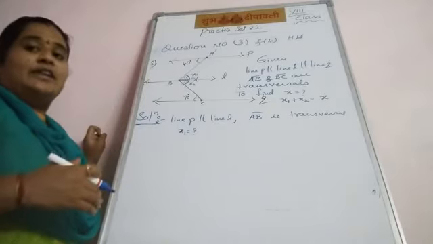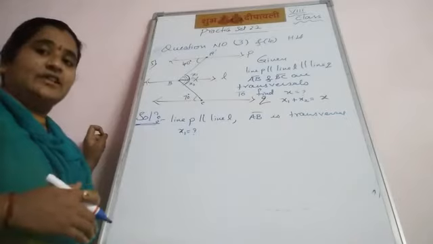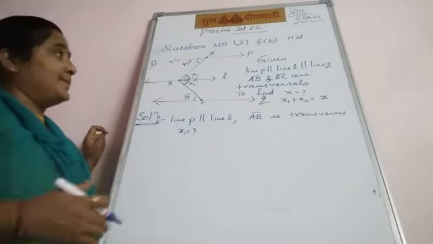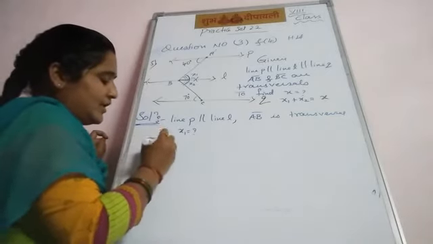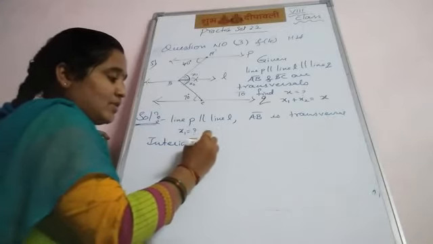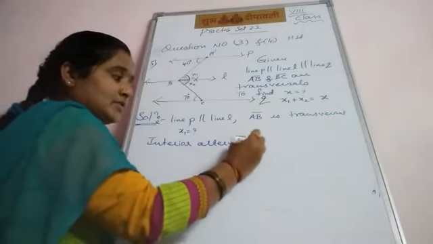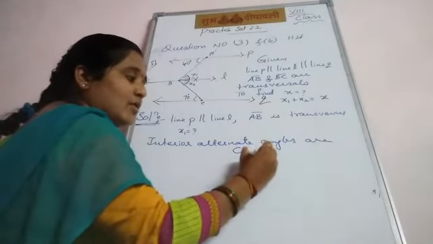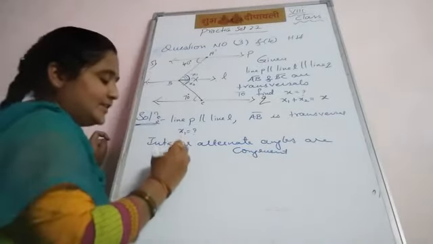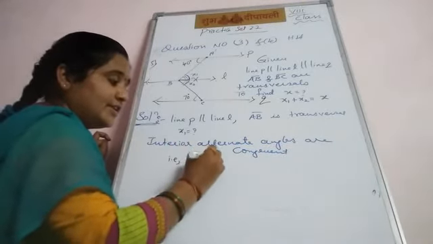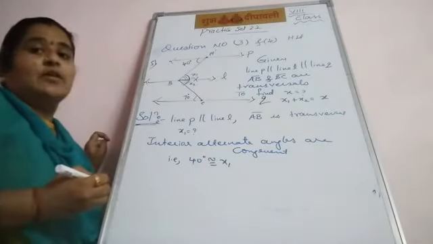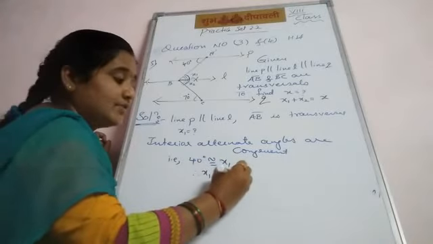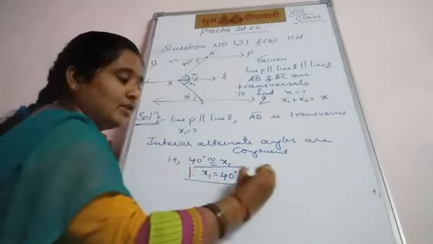So when 2 parallel lines are intersected by a transversal, the alternate interior angles are congruent. So 40 degrees is congruent to x1. Congruent means equal. So therefore x1 equals 40 degrees. First one we got. Okay.